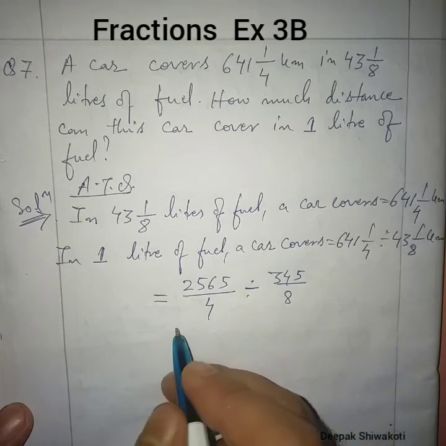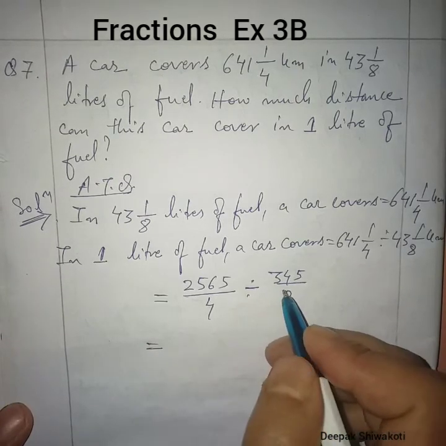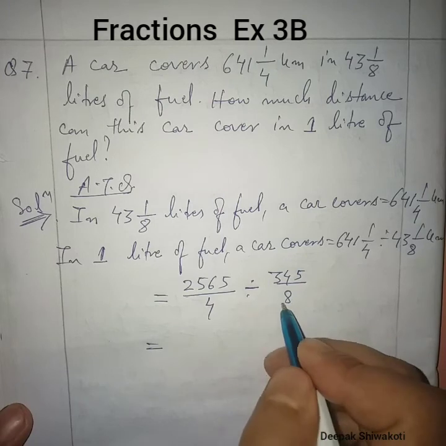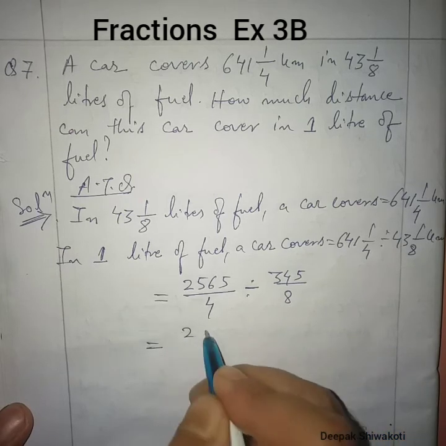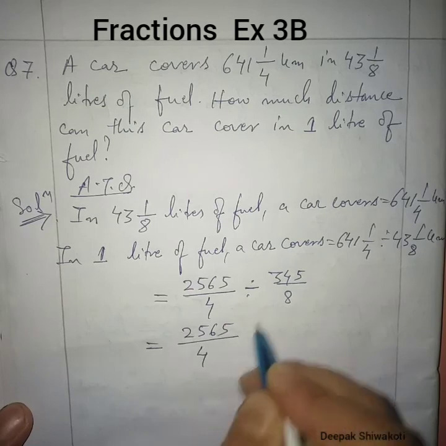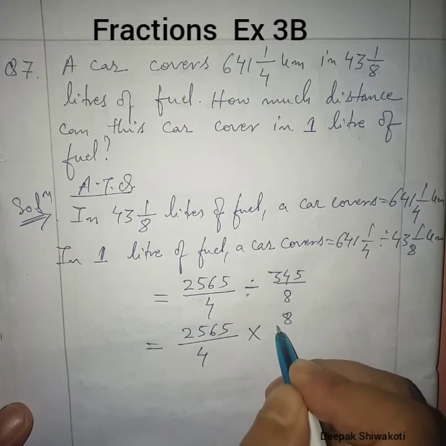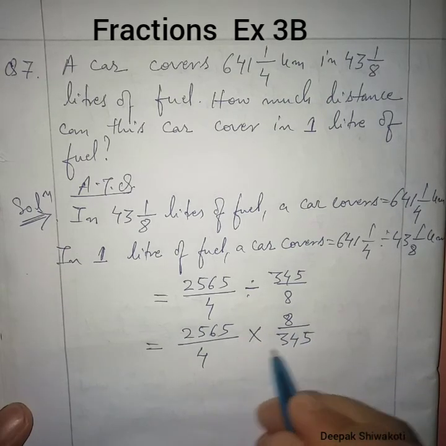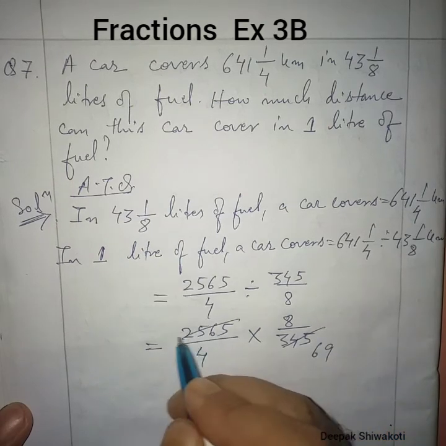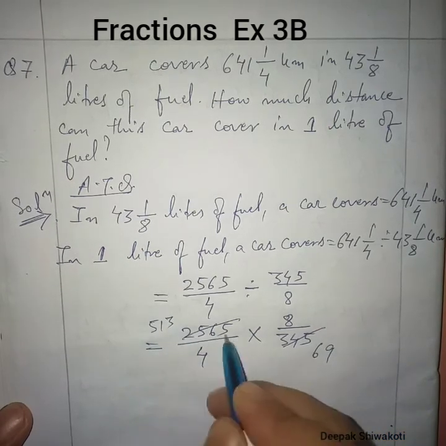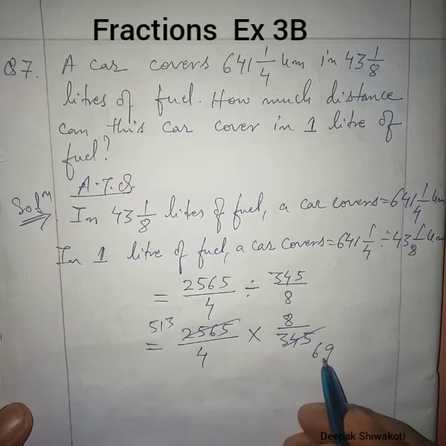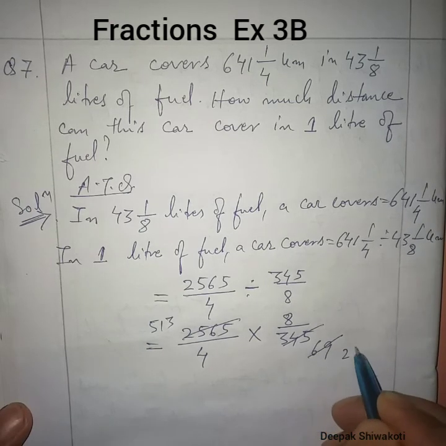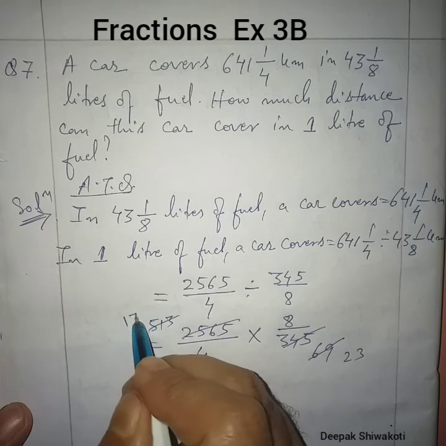Okay, and now cancelling, we get multiplication sign, 8 by the reciprocal of this. So now you will cancel it, 69 times 513 by 5, you are dividing this also, this also. Now again this is divided by 3, we get 23 here, by 3 we get here 171.